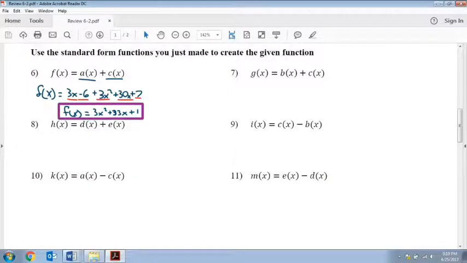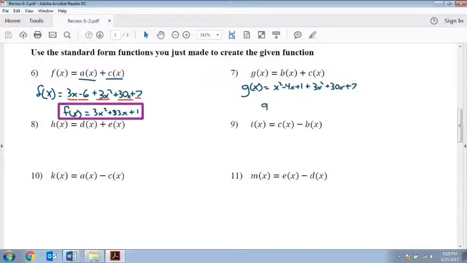7 and 8 operate the exact same way. If I were you, I would pause and try them out. But if you're not so brave, g of x, we'll do the b, that's x squared minus 4x plus 1, plus your c, that's again 3x squared plus 30x plus 7. Combine your terms.